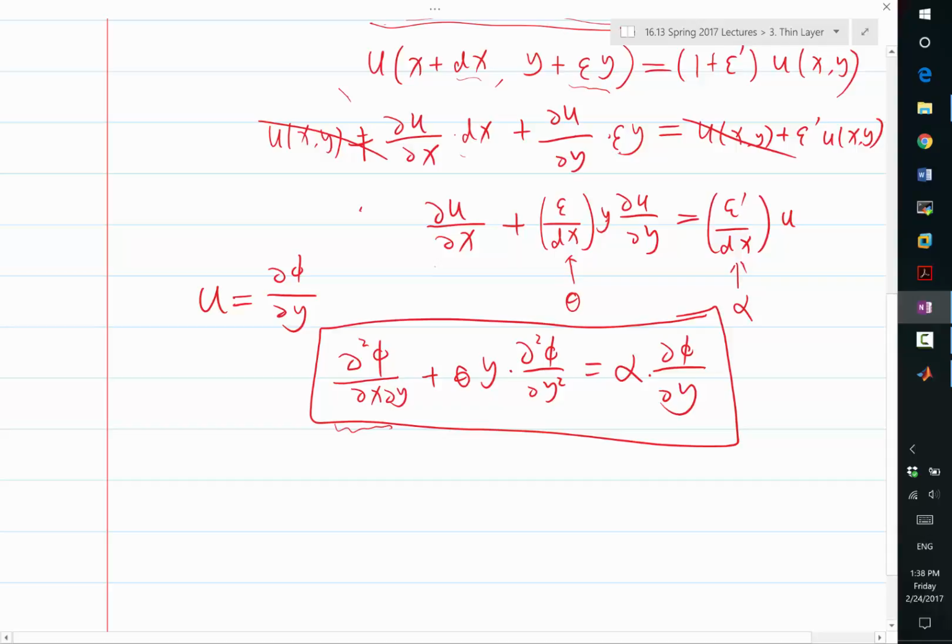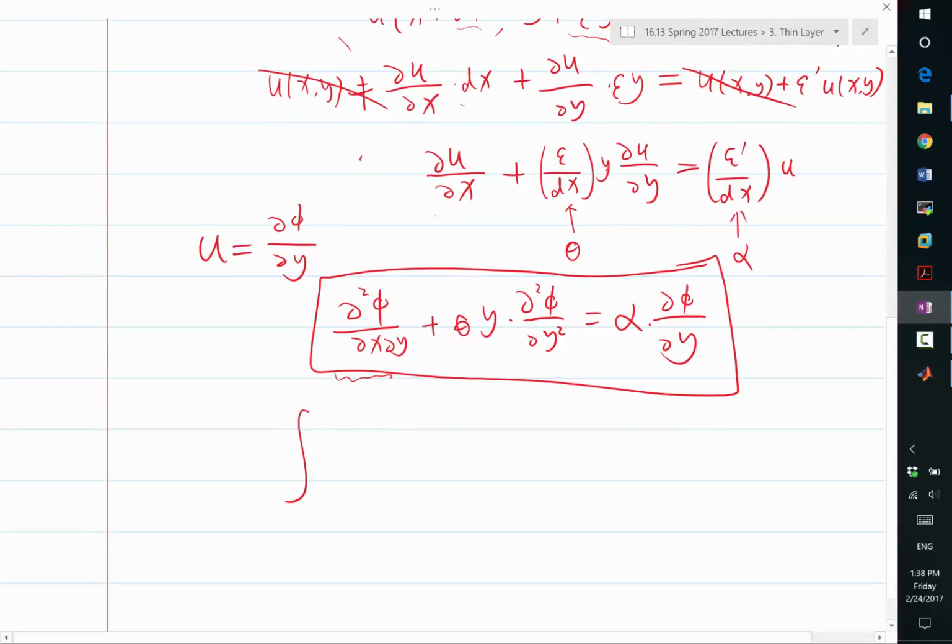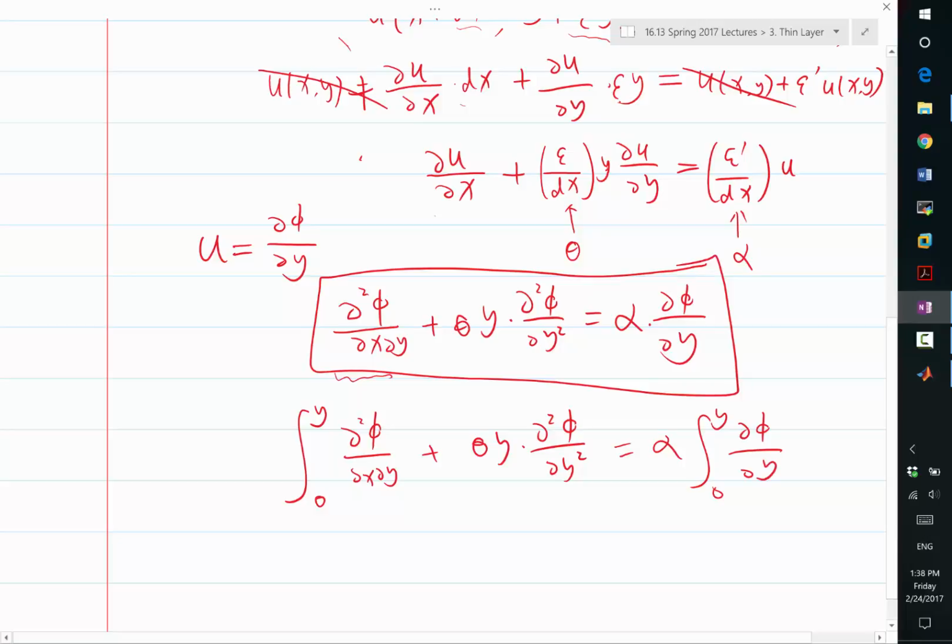Yes, this term becomes partial phi partial x, which is exactly what we need. So we are going to integrate both sides from 0 to a particular y. So here is what we get, and theta y partial square phi partial y square, it should be equal to alpha times the integration from 0 to y of this, right?